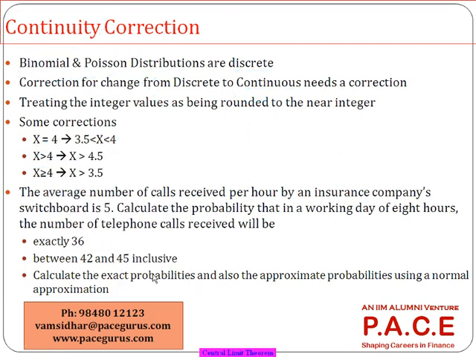So if we look at some of the numericals, it becomes easier for us to solve the questions in this chapter. The average number of calls received per hour by an insurance company switchboard is 5. So lambda is 5.